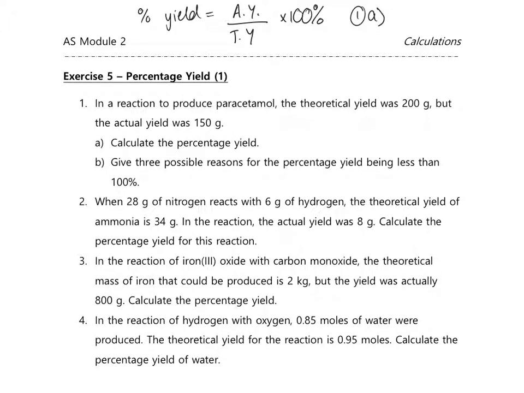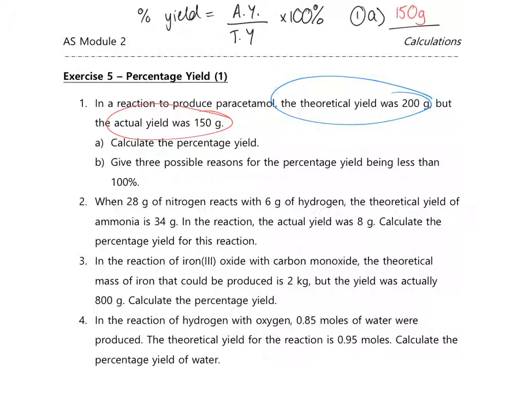You can see there that your actual yield is 150. Your theoretical yield is 200 grams. Just make sure that your units of mass are always the same. So check that one's not in grams and one's in kilograms. So our actual yield is 150 grams.